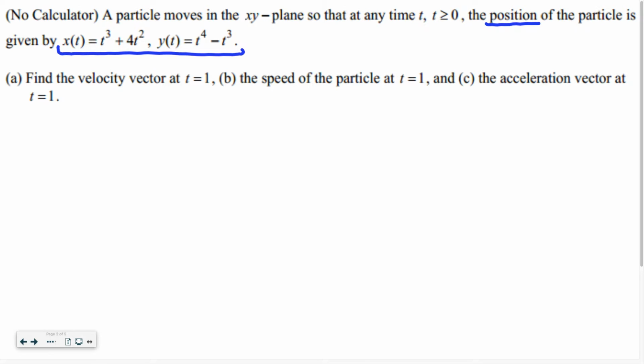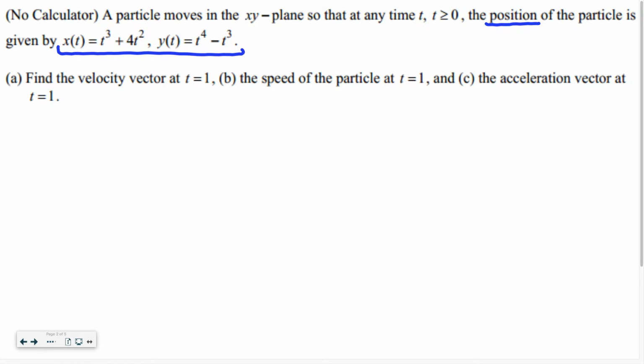You need to close with parentheses. That's a big parenthesis. On both of your sides of paper, I would write velocity vector at t equals 1. That's right. Velocity vector at t equals 1.